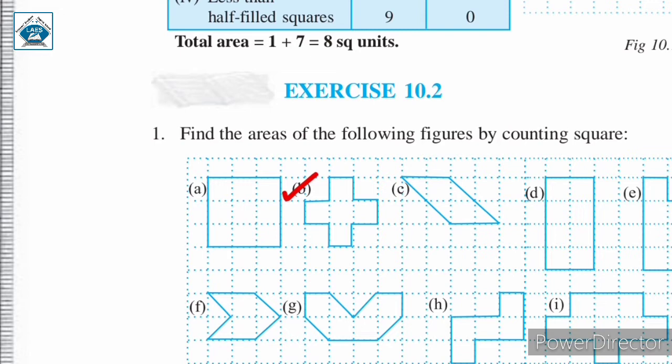Again, the given figure occupies complete squares. How many complete squares? So here we have 1, 2, 3, 4 and 5. So यहाँ पर the given figure occupies 5 complete squares. Therefore, the area of the figure is equal to 5 square units.